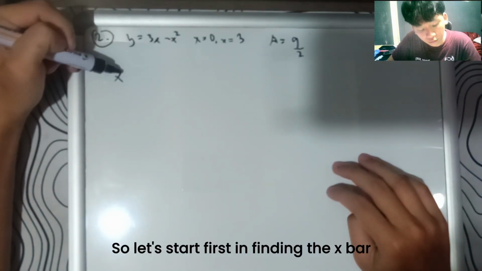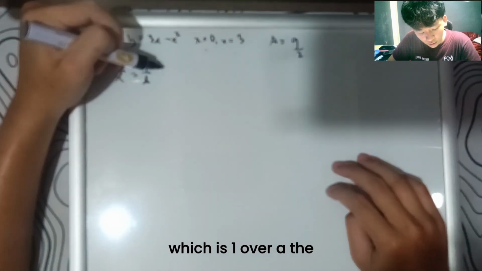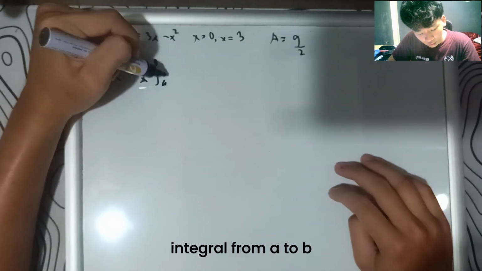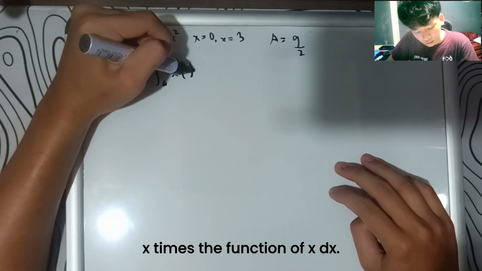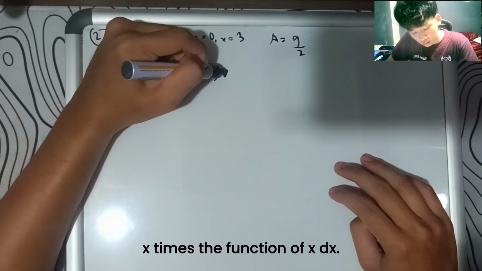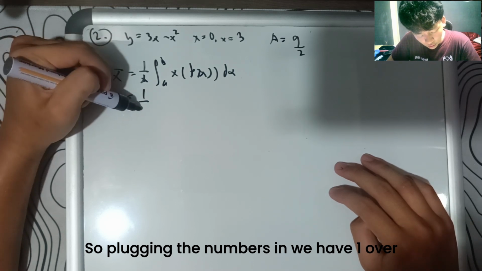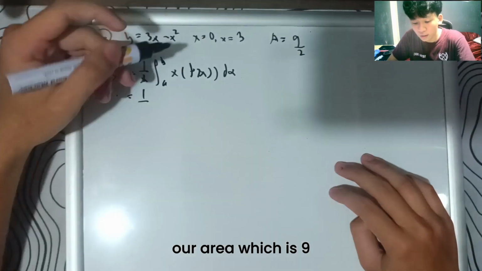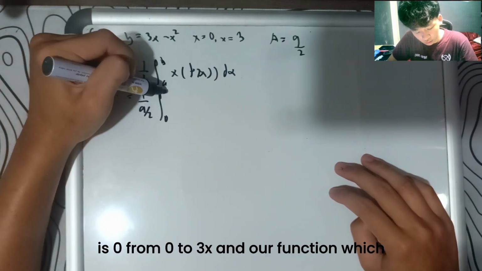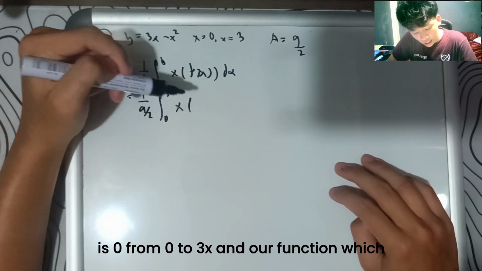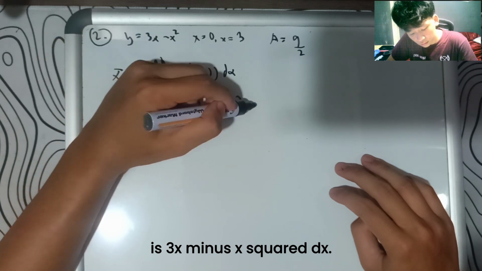So let's start first in finding the x bar, which is 1 over A, the integral from a to b of x times the function of x dx. Plugging the numbers in, we have 1 over our area, which is 9 over 2, the integral from 0 to 3 of x times our function, which is 3x minus x squared, dx.